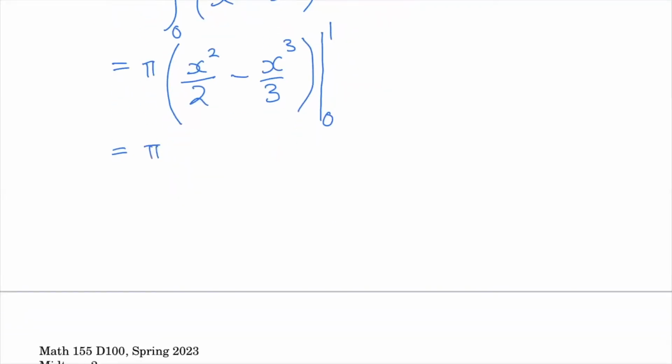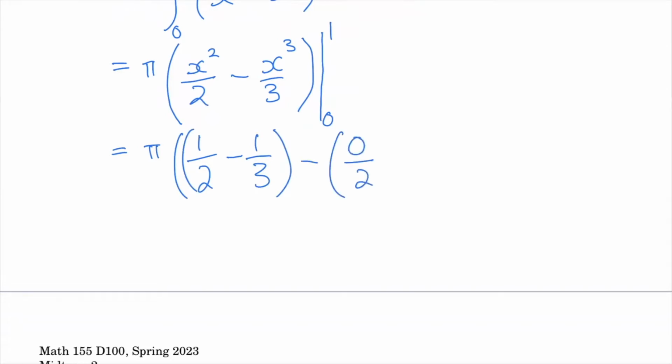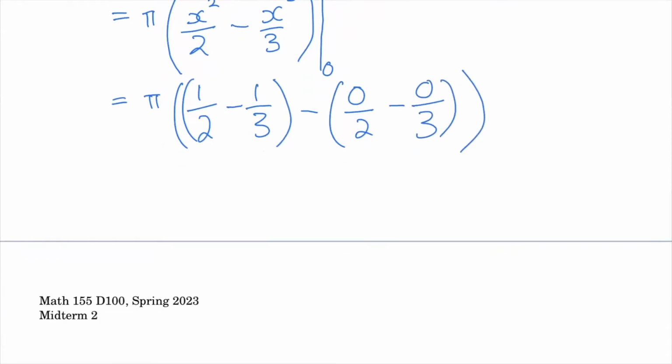The next stage is to evaluate this. So we substitute in 1. So 1 squared and 1 cubed are just going to be 1. So we have a half minus a third. And for completeness, we should really substitute in the second bound as well. This is going to be 0, but I'll include it for completeness. So we have pi times a half minus a third.